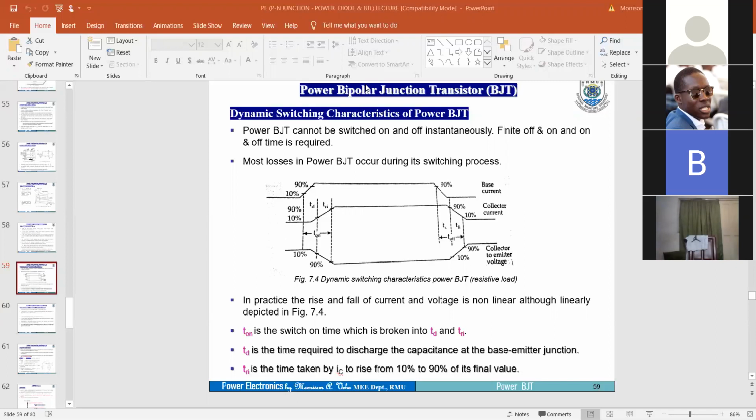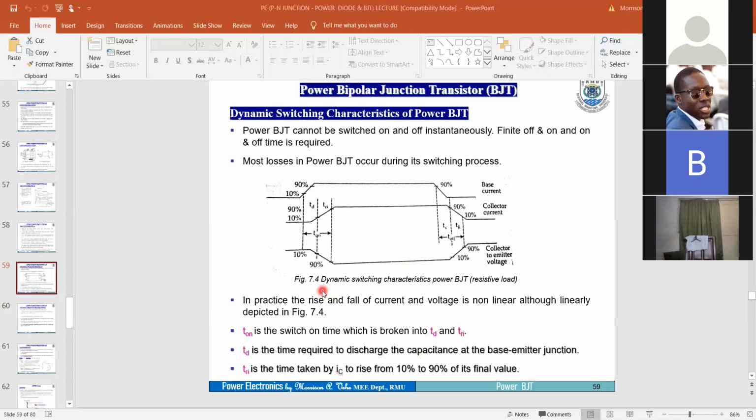So it is to your advantage to design a system that switches very fast. If it does so, then you would have dealt with switching losses. All right, so let's look at the curve a little bit.